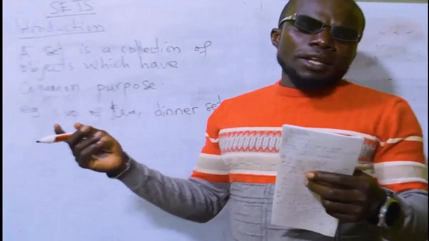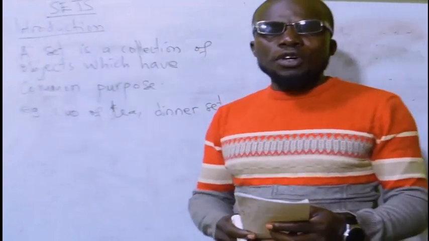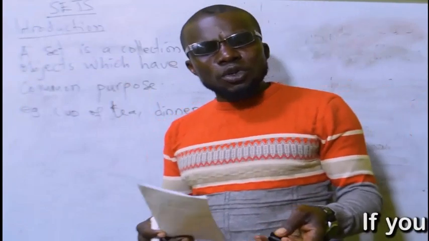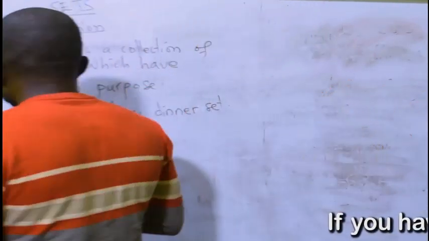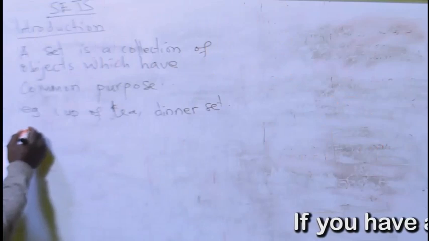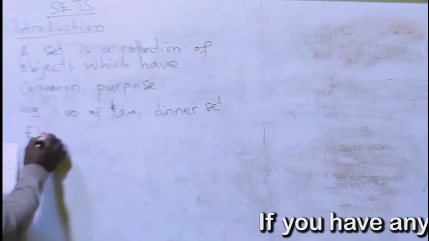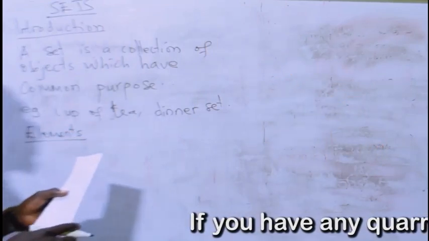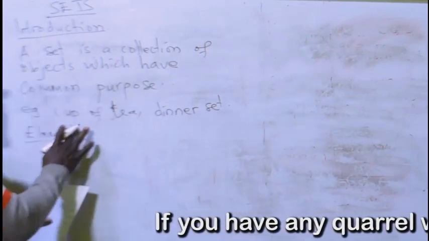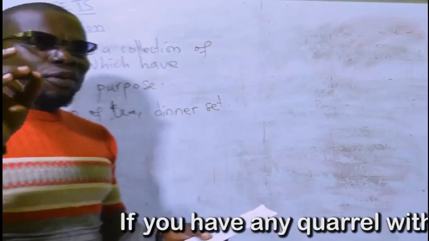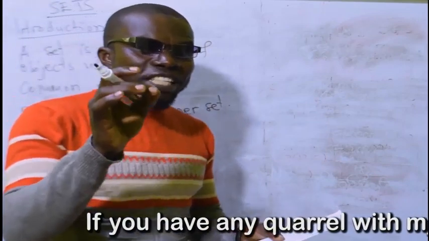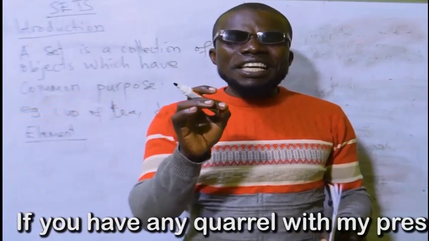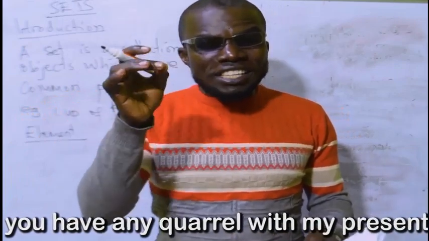After knowing the definition of a set, now let us come to other terminologies concerning set. There is another term to understand, called the element. An element is an object inside a set.